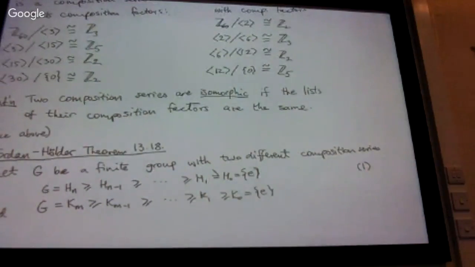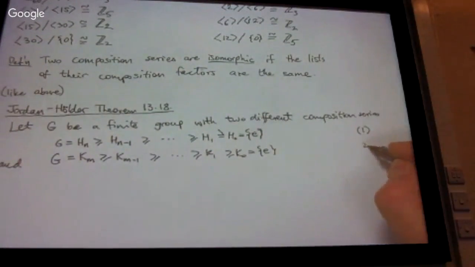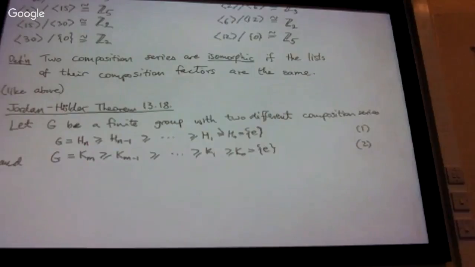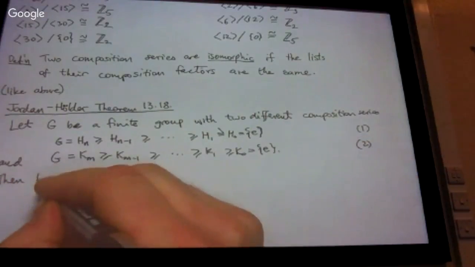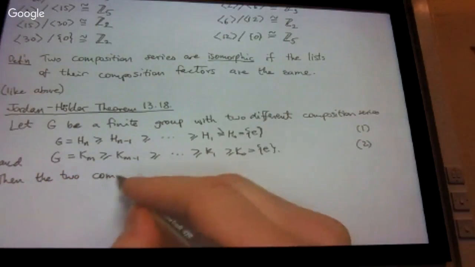It might be a different number, not necessarily the same length, as we will call it. So that's number 2. Then they must be isomorphic.